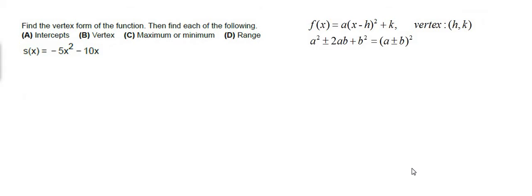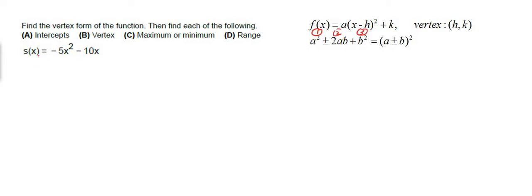Now let's take a look at the second example. For the second example, we have S(x) equals negative 5x squared minus 10x. Again we're going to use the formula a squared plus or minus 2ab plus b squared equals (a plus or minus b) squared. We have three terms.